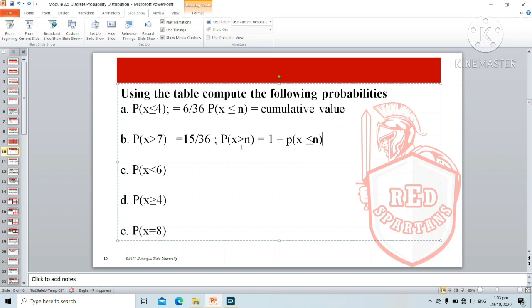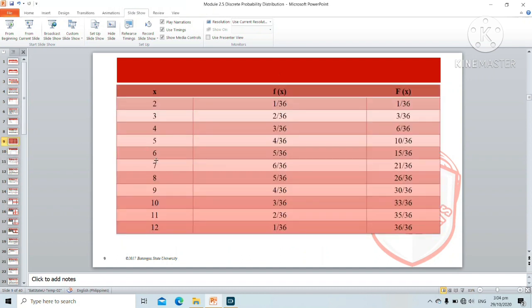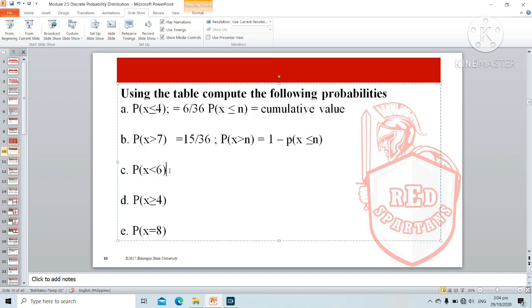Yan. Kapag greater than n, 1 minus probability ng x is less than or equal to n. So, kung ang hinahanap natin ay 7, ang katapat ng 7 ay 21 over 36. So, 1 minus 21 over 36 is 15 over 36. So, yun yung ating formula.